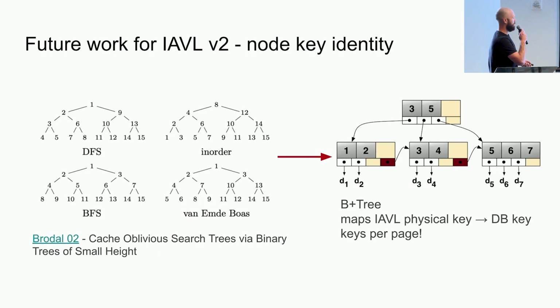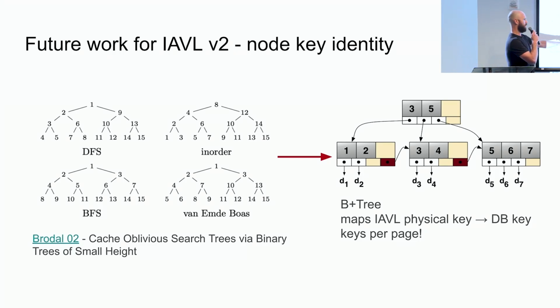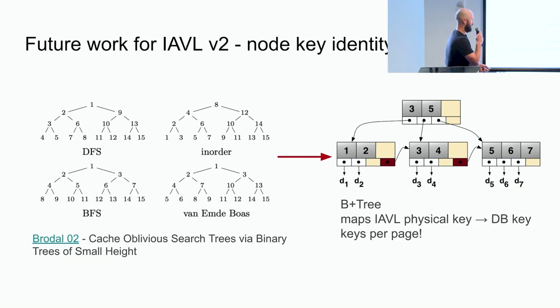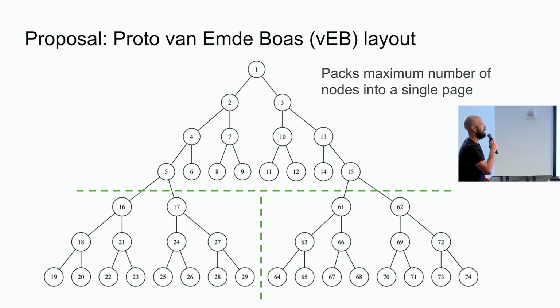One idea is to use, from this paper, the vEB layout, which I forget who wrote. There's a post from a few months ago. I forget who it was who described doing something like this for Ethereum. This is the order that we want to use, and I will show you here. Probably not easy to see, but essentially what this is doing is it's optimized for data locality in subtrees.